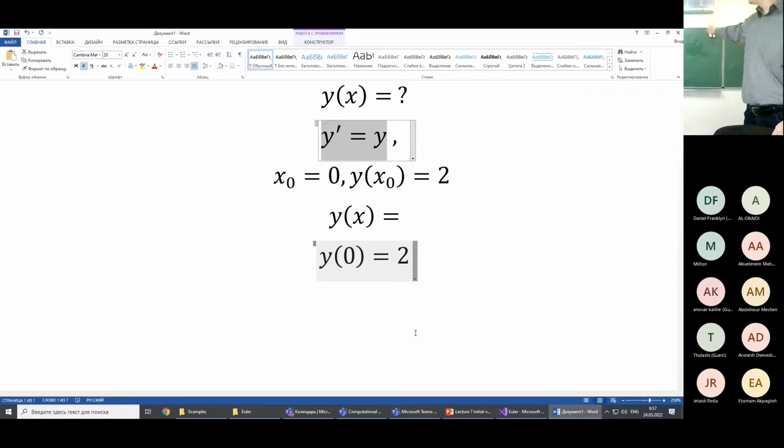Again, this differential equation is also very simple, and I think you know the solution. The derivative of the function equals the function itself.